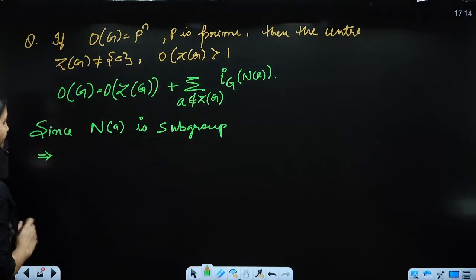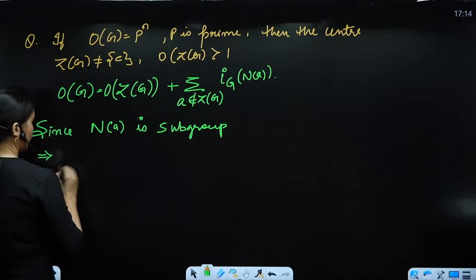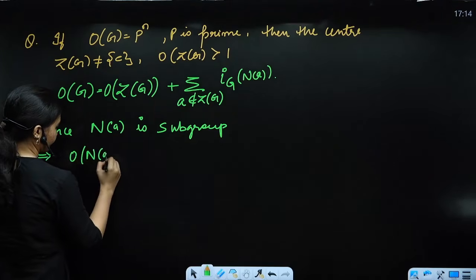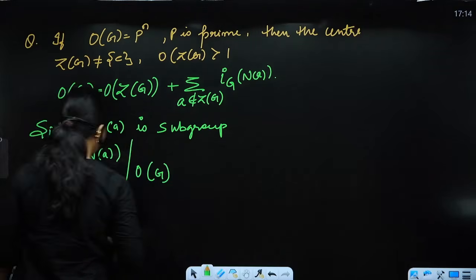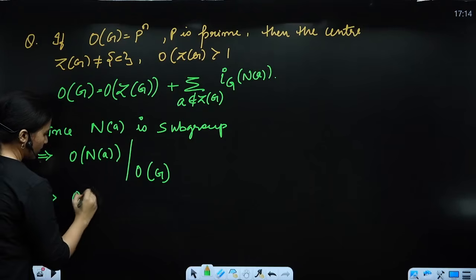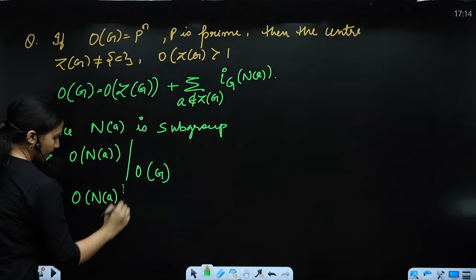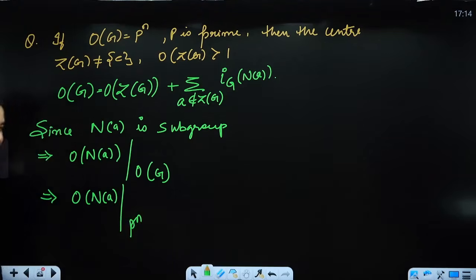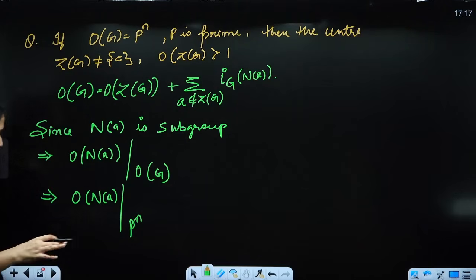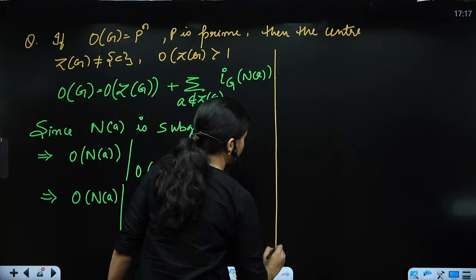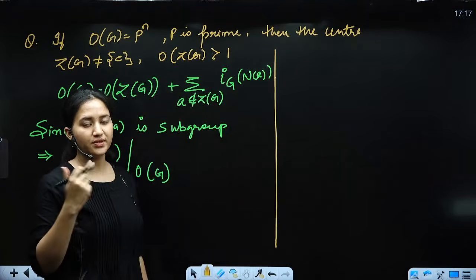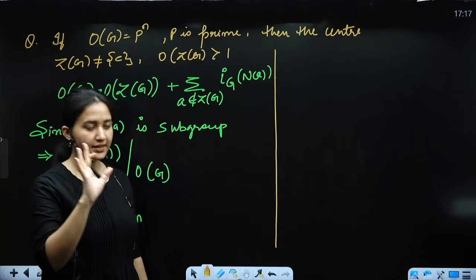Now understand, since NA is a group, order of NA will divide the order of G. Now this implies that order of NA will divide p raised to the power n, right? Now see, if we are talking about NA, and we want to prove that ZG contains more than one element, that is your identity.